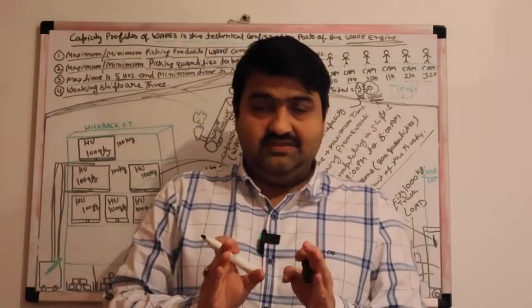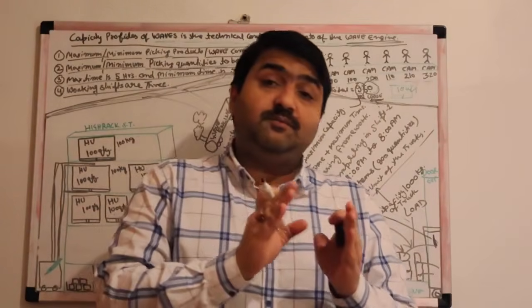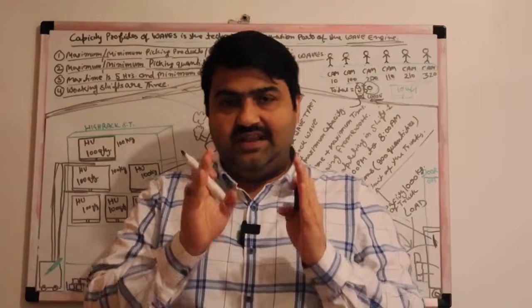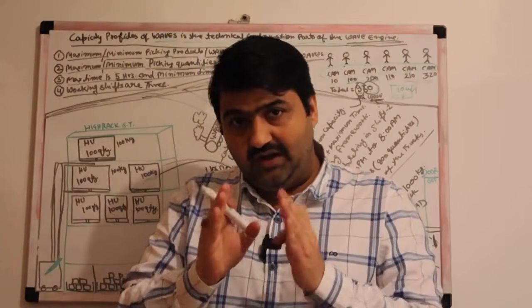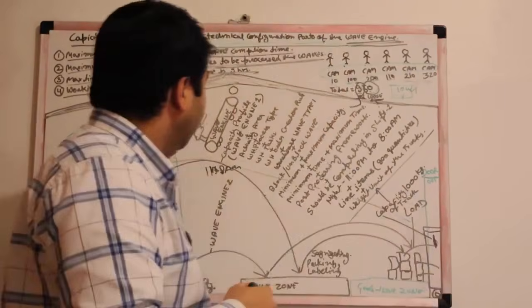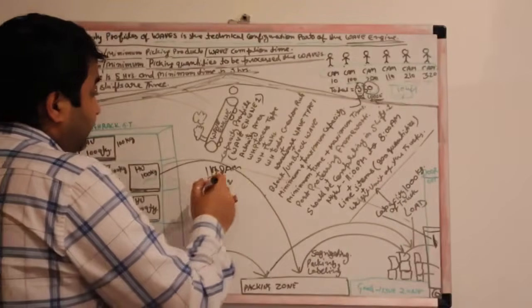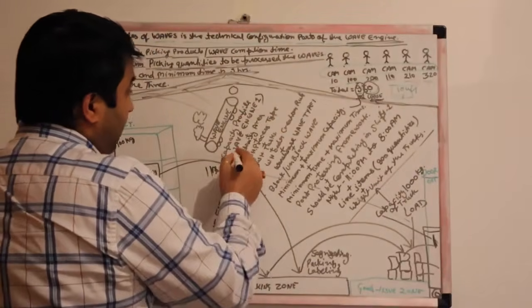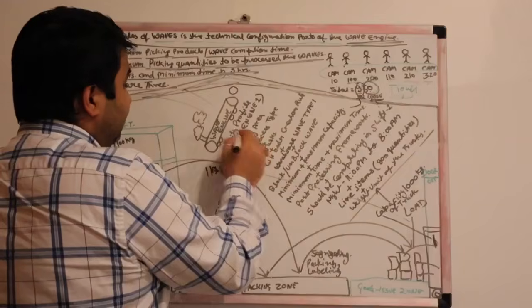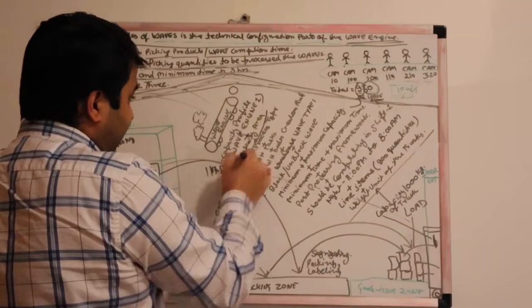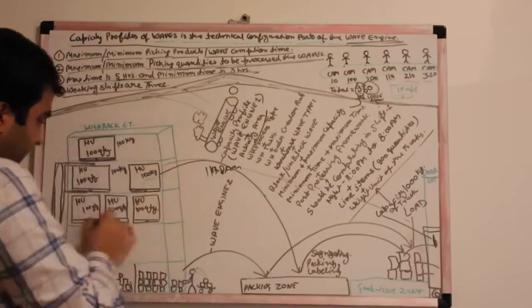We assign the properties through capacity profile for wave. This is the technical properties of the wave engine to trigger the wave, guys, okay? Then capacity profile, wave engine, plus when it triggers the activity area. From here, these are the activities.